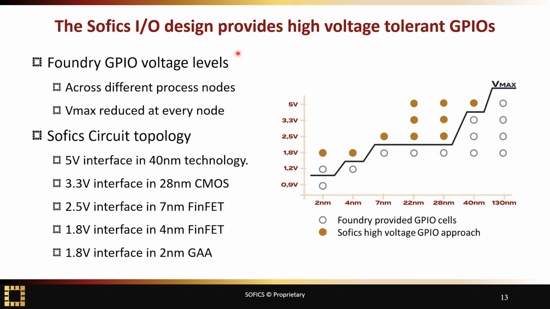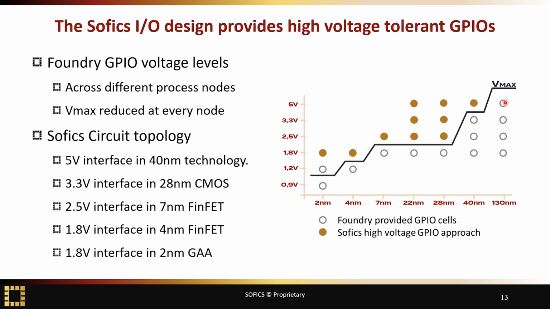If you look at this graph, starting on the right side from 0.13 going down to 40 and then eventually 2 nanometer, there is what we call a Vmax, the maximum voltage defined by the I/O library. Initially in 0.13 it's more than 5 volts, but going down to 2 nanometer, it's about 1 volt.